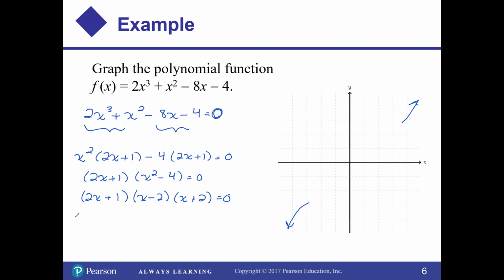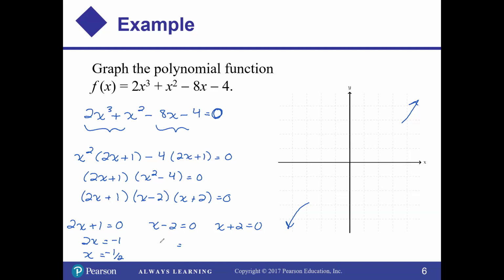Each one of these factors, due to the zero product property, means that either this factor is equal to 0, this factor is equal to 0, or this factor is equal to 0. So if we solve, one of my zeros would be at negative 1.5.